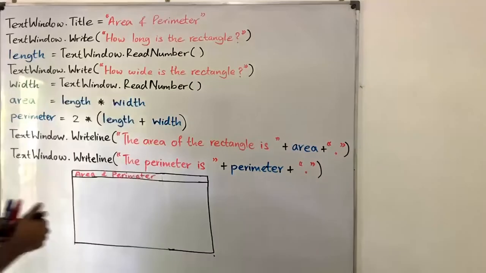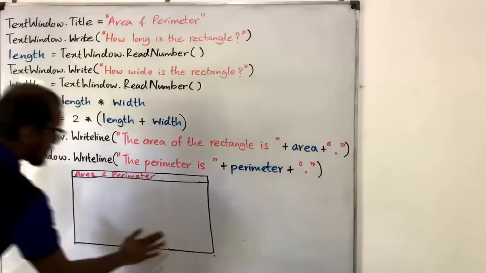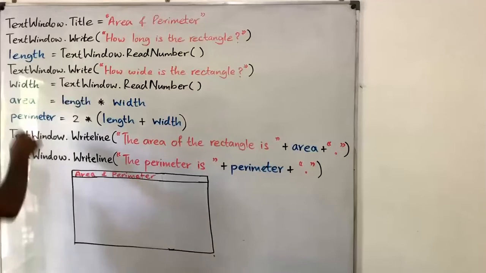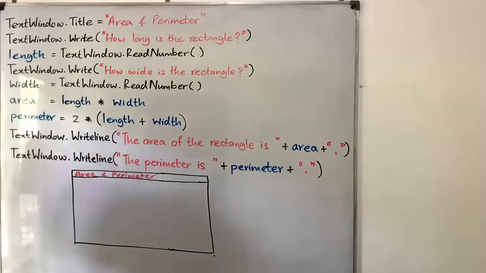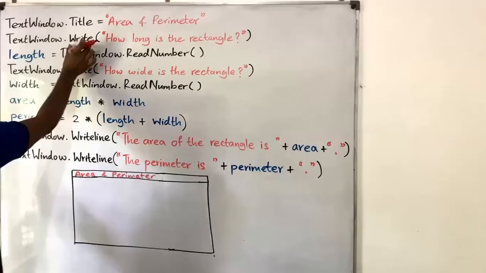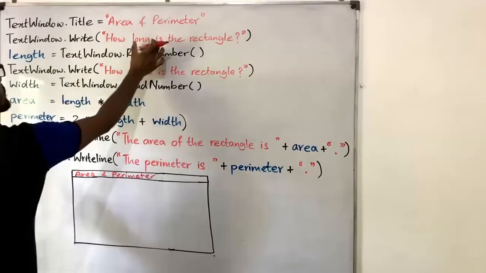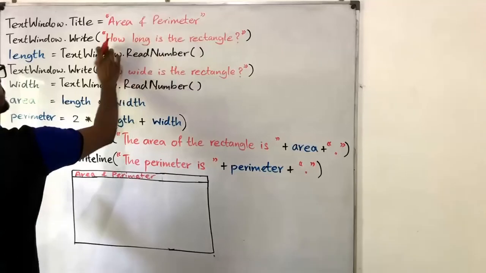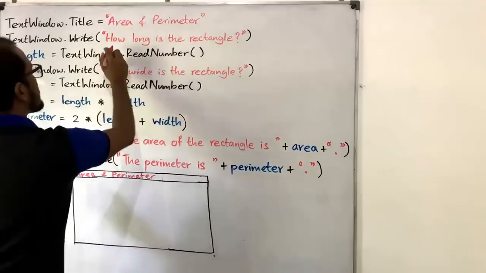Here, write means output this sentence, output this question, or output this string, to the text window.